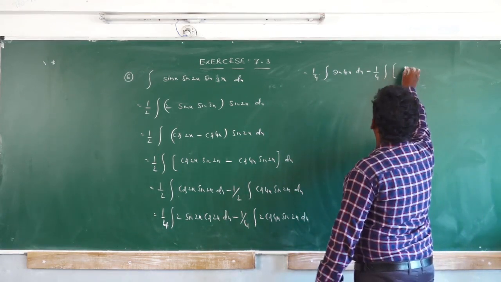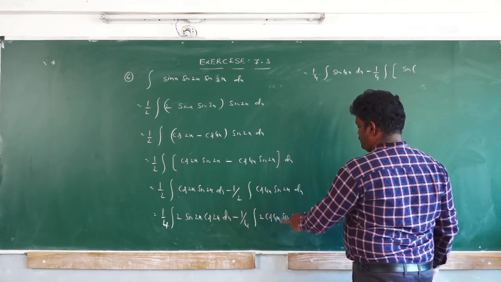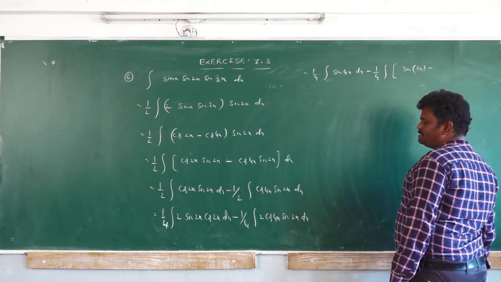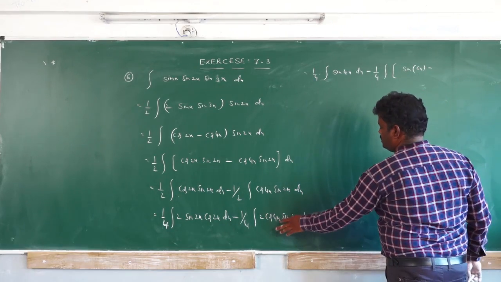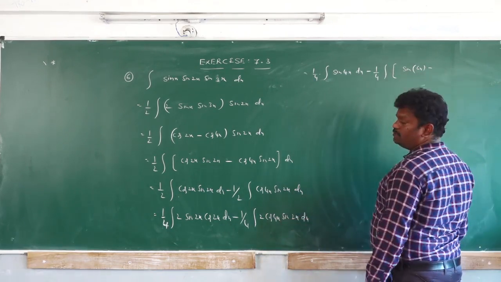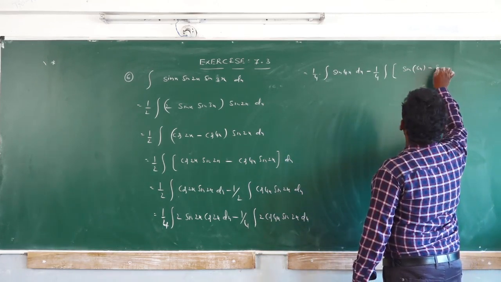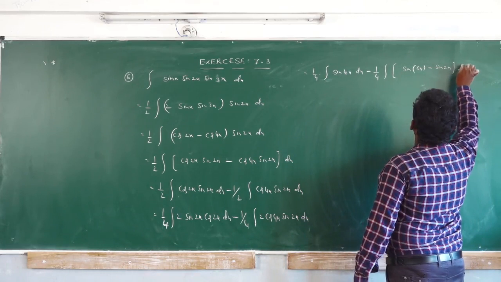So sin of (4x plus 2x), sin 6x, minus sin of (4x minus 2x), sin 2x, dx.